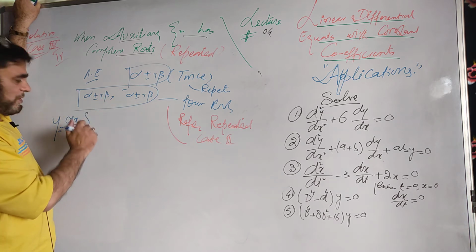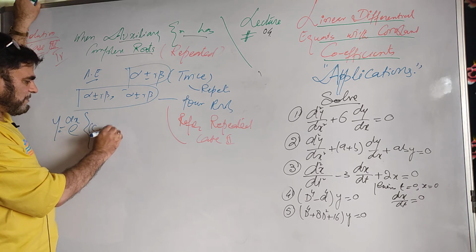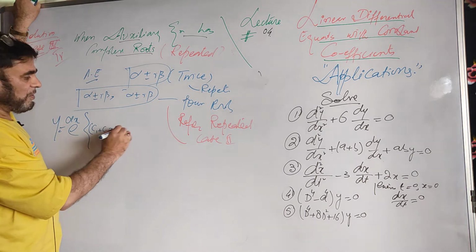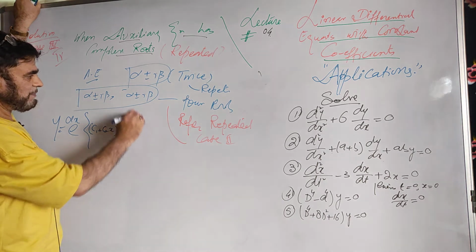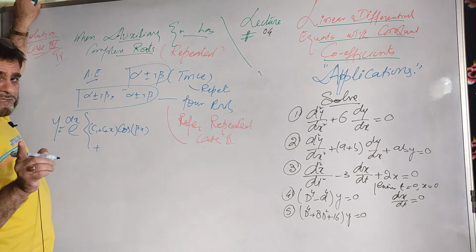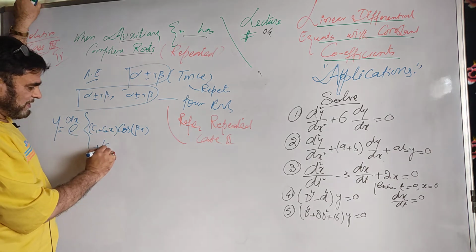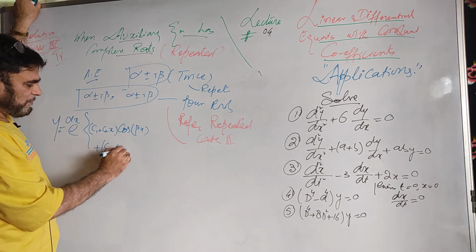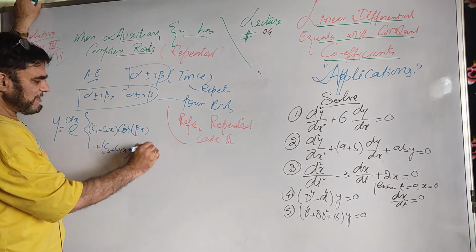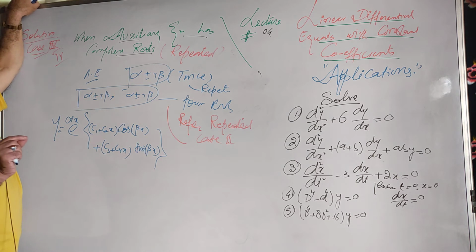Now it is repeated twice, so you write 2 constants this way: C1 plus C2x, then cos of the imaginary part, beta x. Then plus 2 other constants, C3 plus C4x, then sine of beta x. This is the solution when you have complex roots occurring repeated.